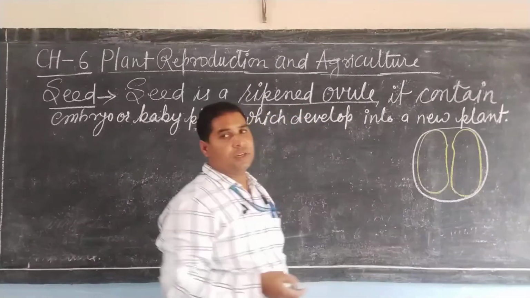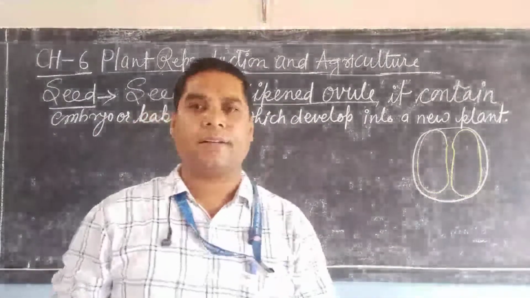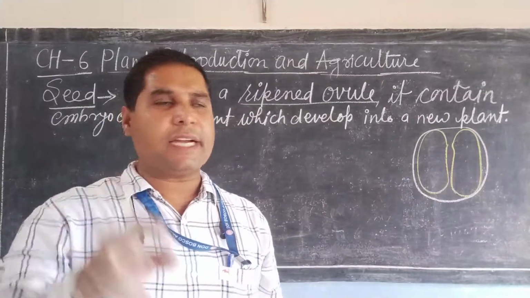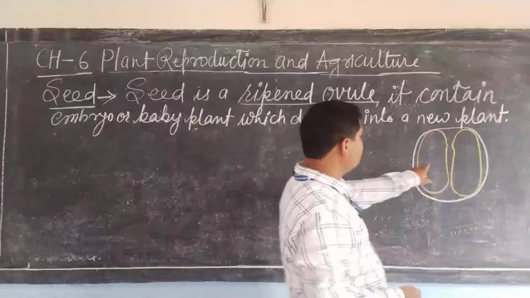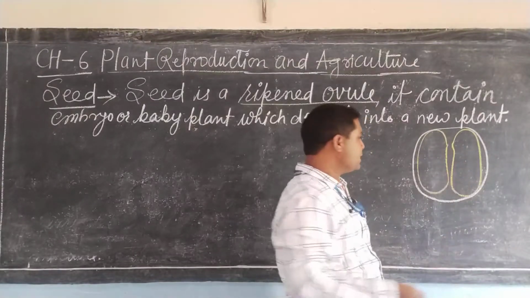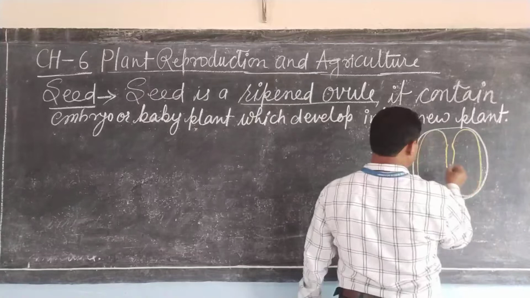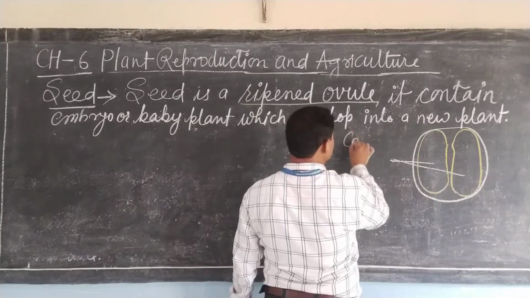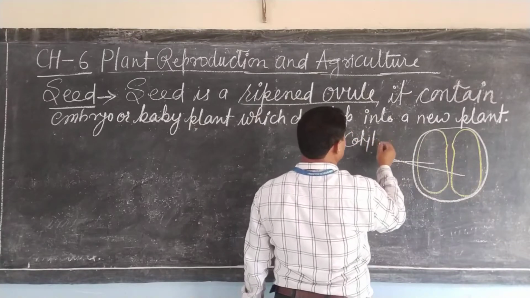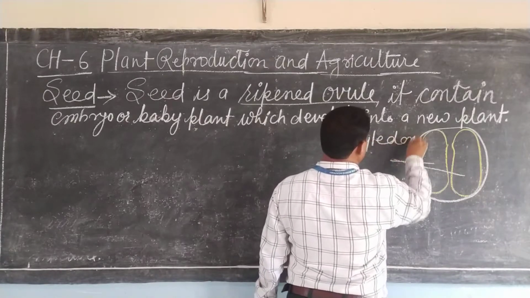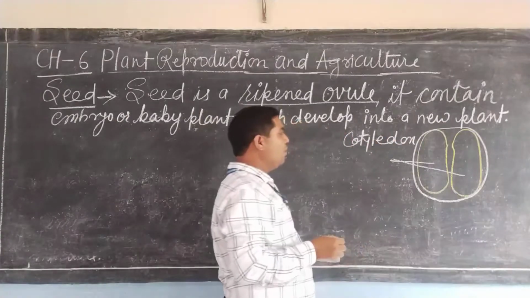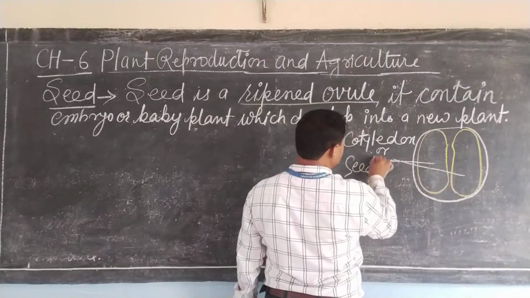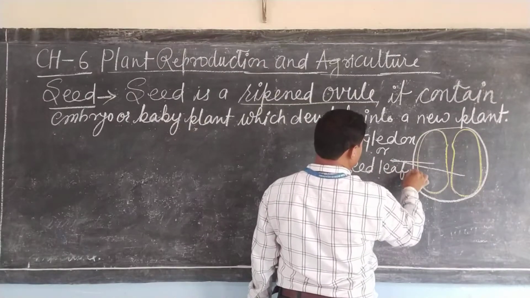Dear student, to understand in the practical way, take a mango seed and open it. You will get these two parts. These two parts are known as cotyledon, or seed leaf.